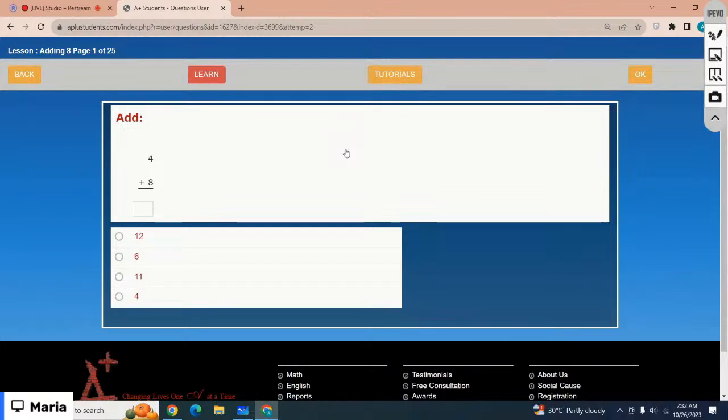Eight plus 4. So which is the correct option? 8 plus 4 is, start with 8, count up 4.